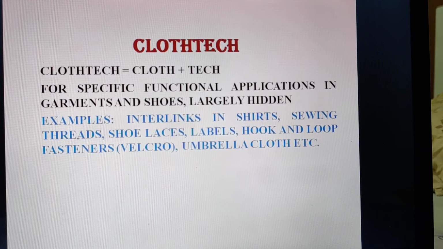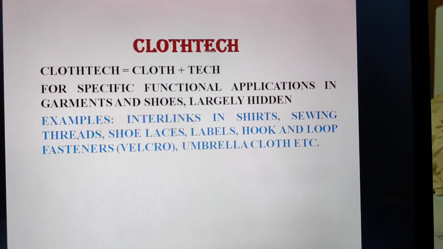Let us talk about CLOTHTECH. CLOTHTECH means cloth plus tech. It means technical textiles used in application of clothing or garments. For specific functional applications, they are used in garments and shoes, largely hidden.